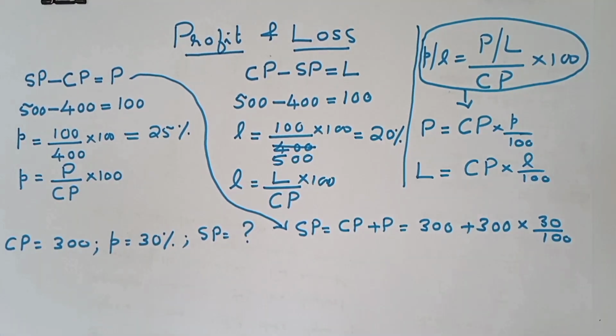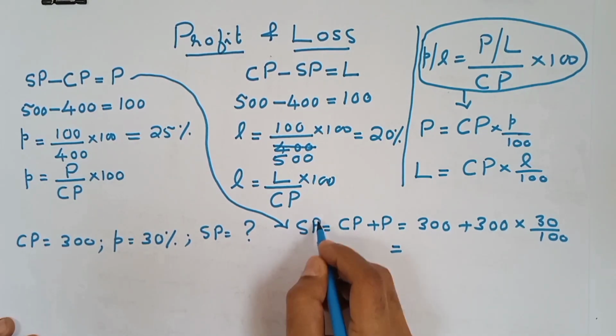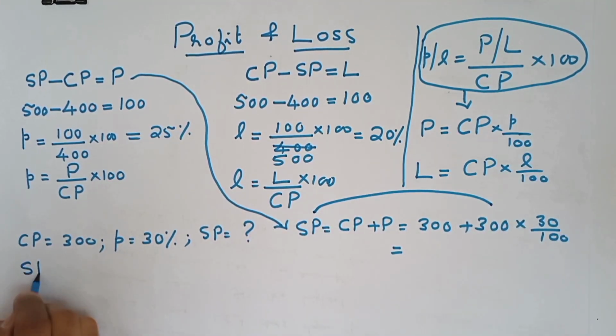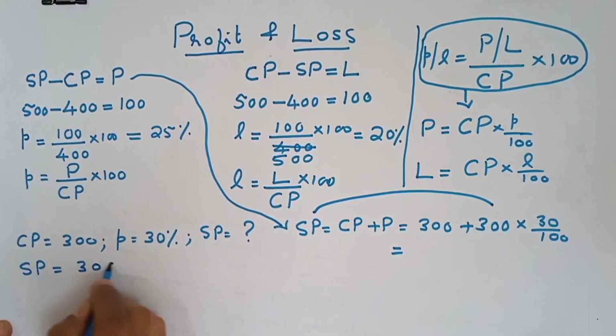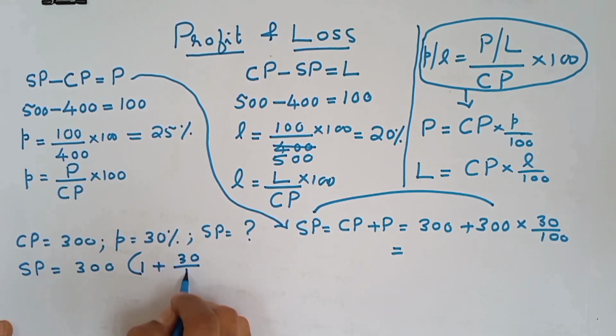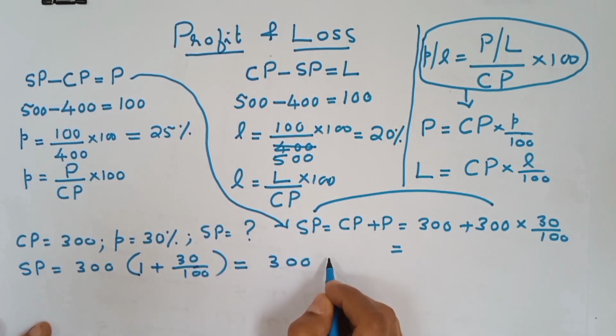30 by 100. Now I'm not simplifying here. Okay, let me write the whole thing. So SP is equal to this. So SP is equal to 300 is common. Take it out. Inside you get 1 plus 30 by 100. This is equal to 300.